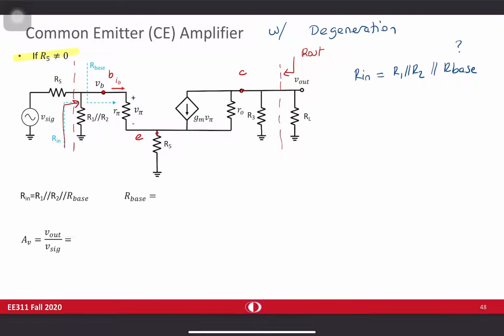What you should do, if you cannot see it directly, which is the case now because it's not equal to R pi, this R5 makes everything complicated, is go with the algorithm: apply some Vx potential in here, and find Ix passing through it when all the independent sources are killed. So my equivalent circuit will be this one.